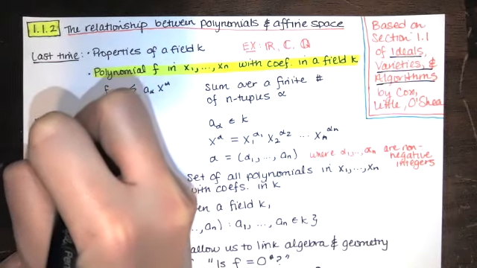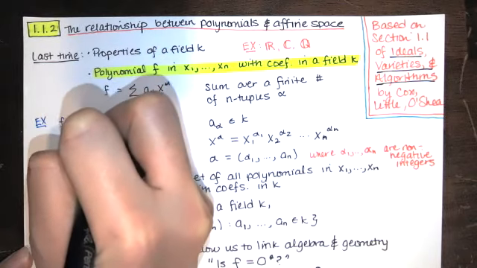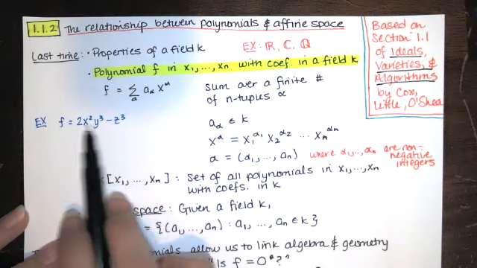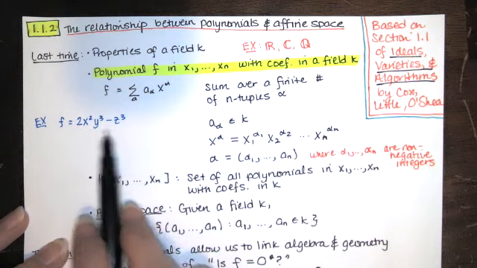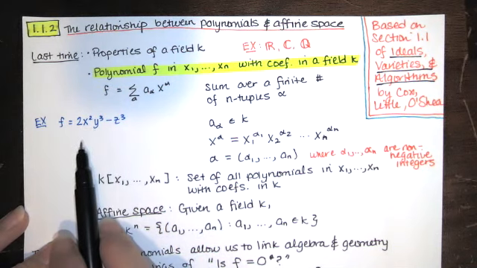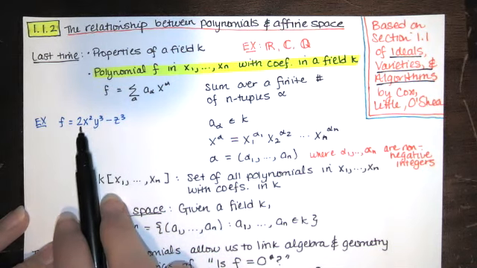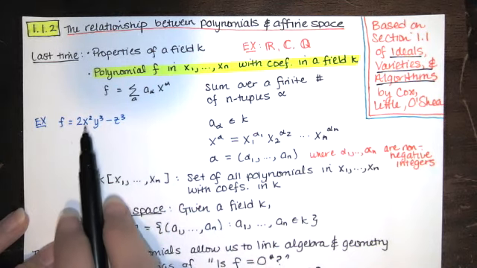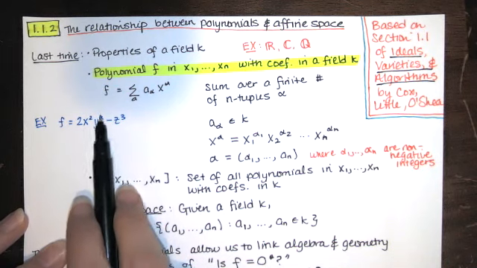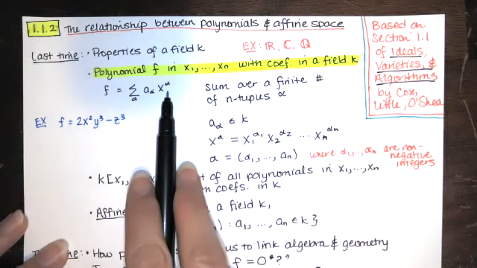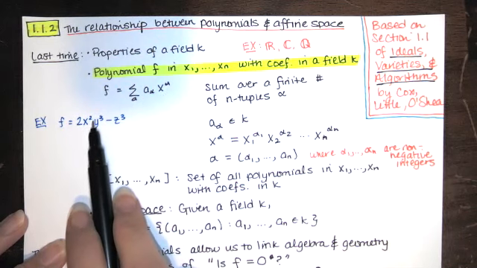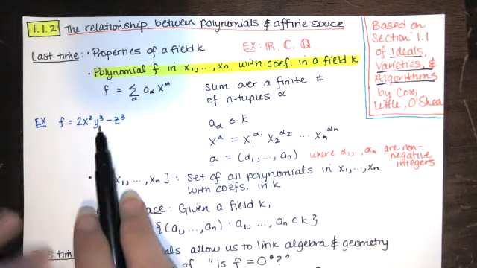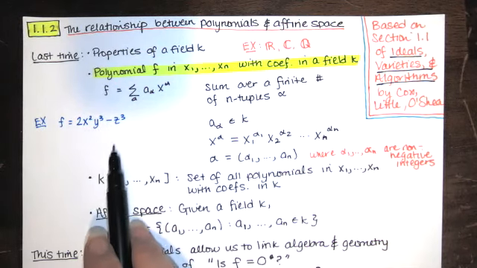So just to give you a concrete example, here's a function. So this is a function of three variables, at least three variables, x, y, and z. The coefficients a sub alpha are 2 and -1. And this x squared y cubed would be represented by a single x to the alpha, where alpha is actually the vector with components 2 and 3, and x sub 1 and x sub 2 are written as x and y.